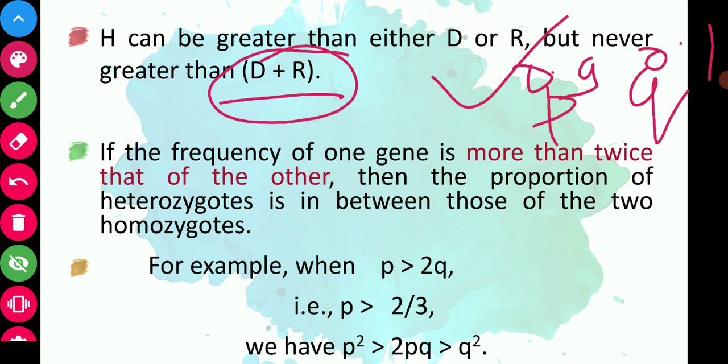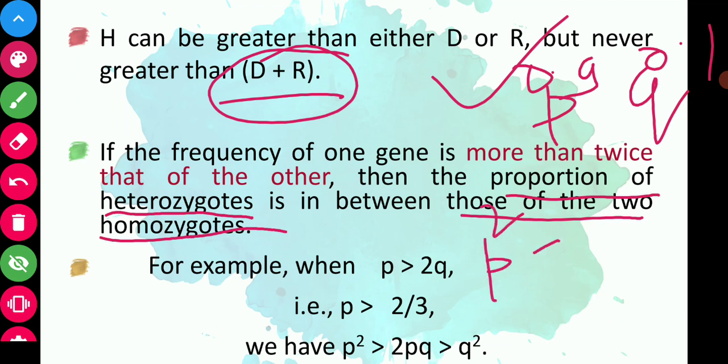In such a condition, the proportion of heterozygotes is in between those of the two homozygotes. What will be the frequency of the dominant homozygote? 0.9 into 0.9 is equal to 0.81. What will be the frequency of the recessive homozygote?